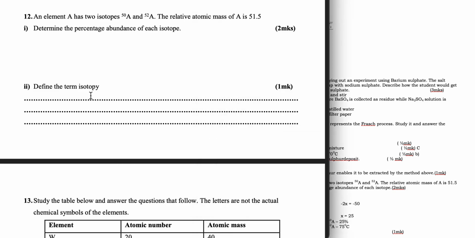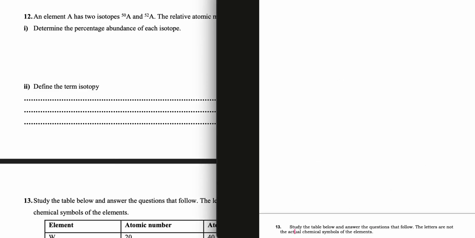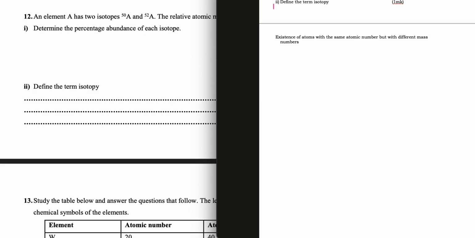Define the term isotopy. Isotopy is the existence of atoms with the same atomic number but with different mass numbers.